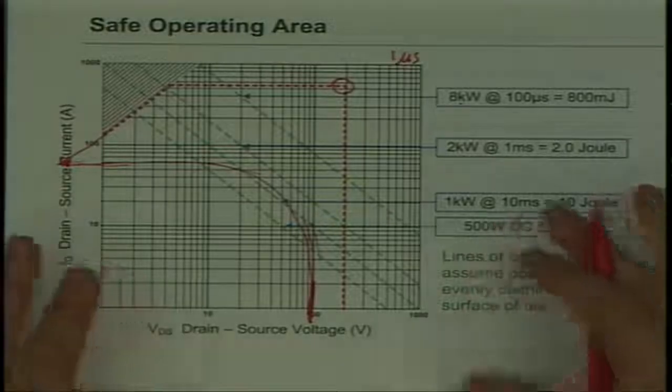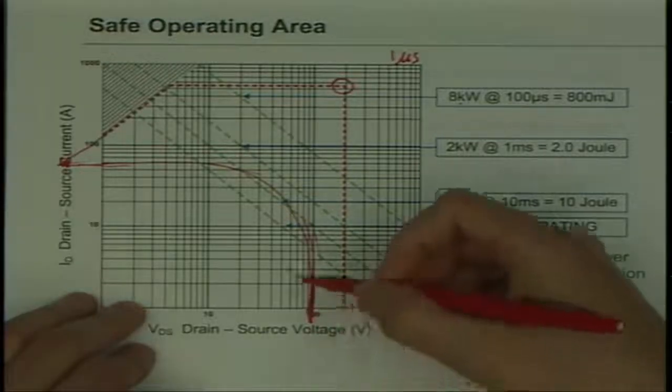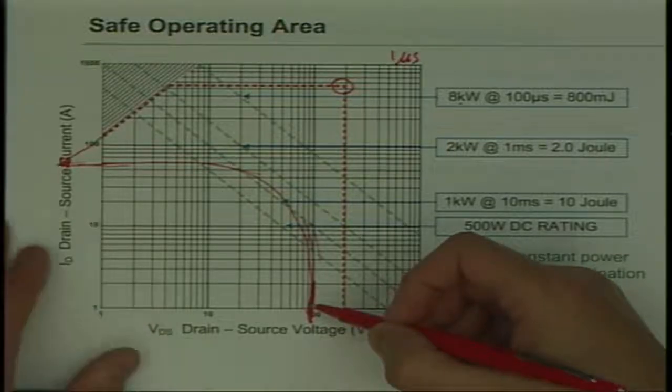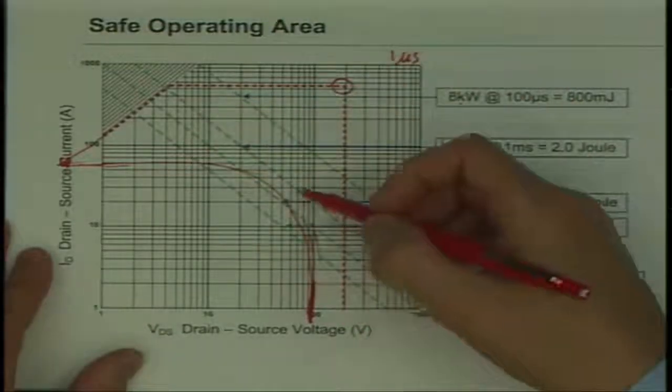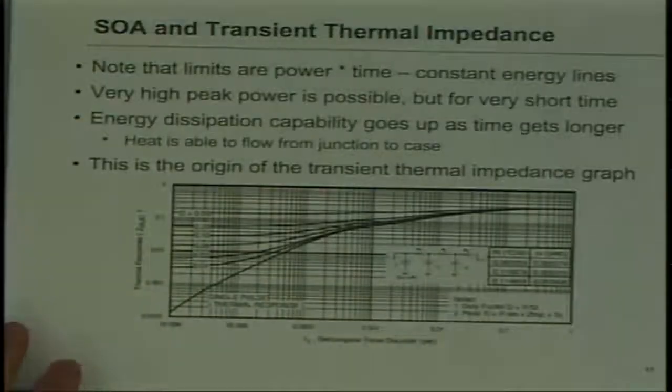So that's the point of the SOA curve: under normal switching conditions, you're operating either here or here, but during switching, especially slow switching or during fault conditions, you could be operating anywhere in here, and you need to make sure that you stay within that.